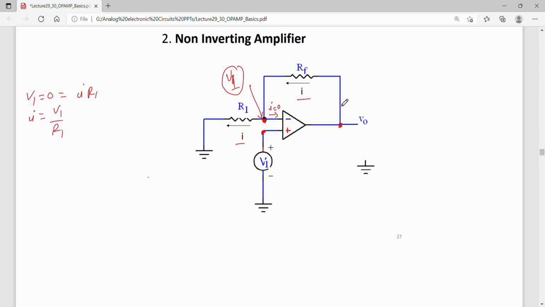Similarly, for this loop, I can write V0 minus V1 is I times RF.